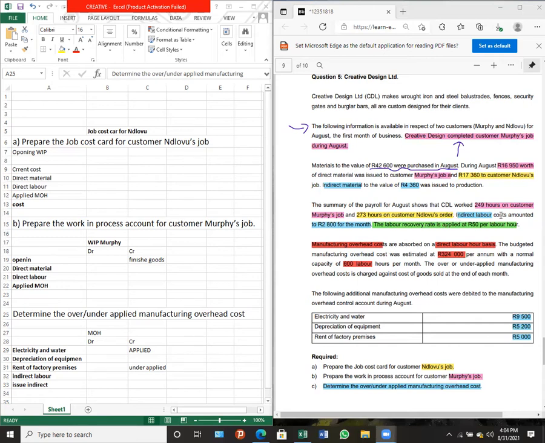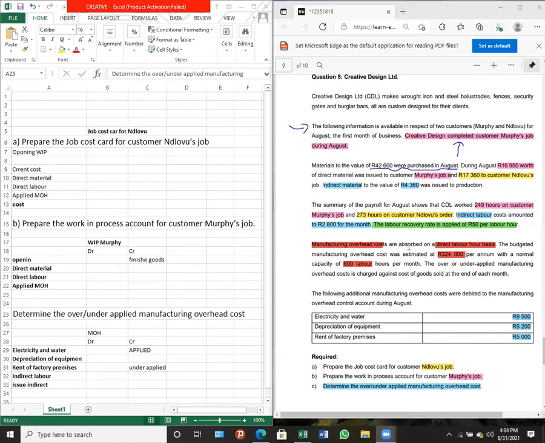The indirect labor cost amounted to 2,800 for the month, and the labor recovery rate is applied per labor hour. This is the rate per hour for labor hours.